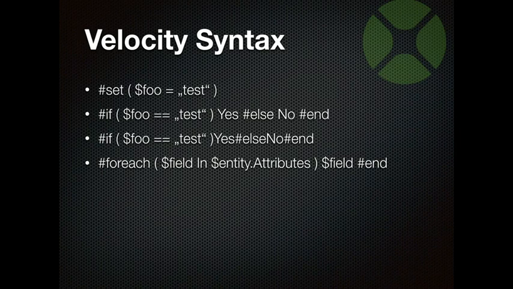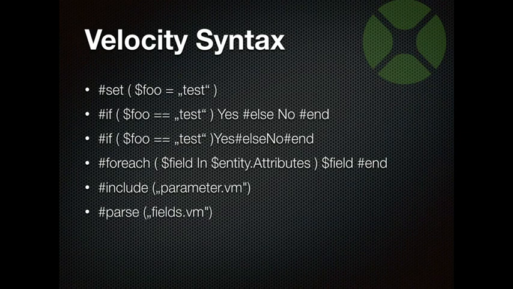Yeah? So foreach is quite nice. It loops around all entities in a database, for example, over all fields, over all tables. I'll show you a sample later. Include: of course, you can include a file and then include again, and so on. You can parse something. Parse means it's not included, it's interpreted again. You can, for example, create an output file, which is also a Velocity file, and you can then start it. And evaluate.